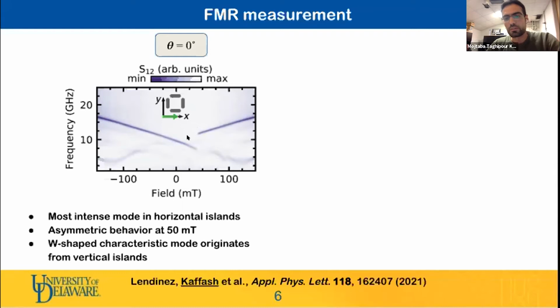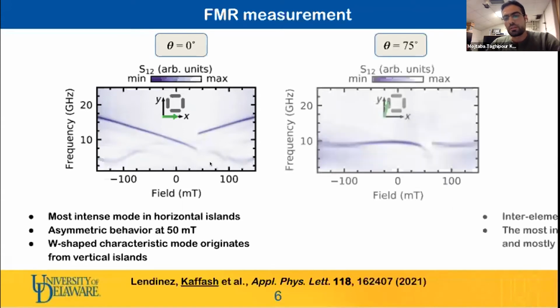Another mode to consider is the W-shaped characteristic mode, this one, that originates from vertical islands and gets fainter around the zero field. This is due to the fact that at zero field, the magnetization in the vertical island aligns with their easy axis, or y-axis. And hence, both the vertical island magnetization and the microwave field are in the same direction.